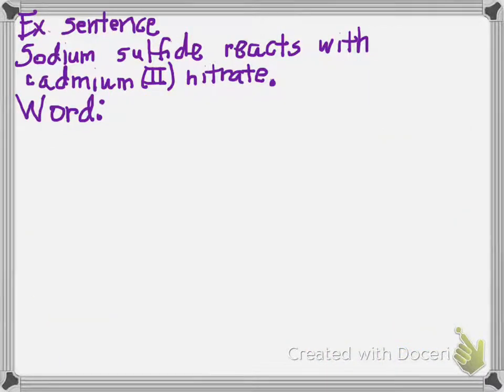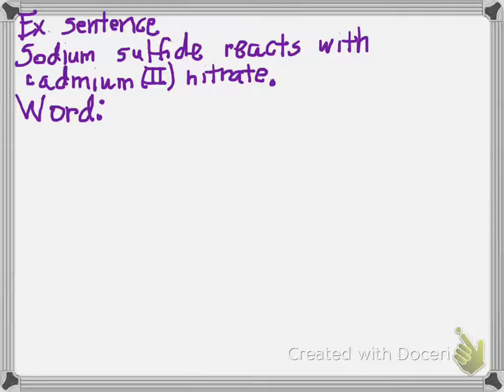So, moving on to our example. Again, we're going to start with our sentence. So we have sodium sulfide reacts with cadmium 2 nitrate. Now, you'll notice I've only given you reactants because you have to be able to predict the products. So before we even start writing our word equation, remember our word equation only has symbols of plus signs and arrows.